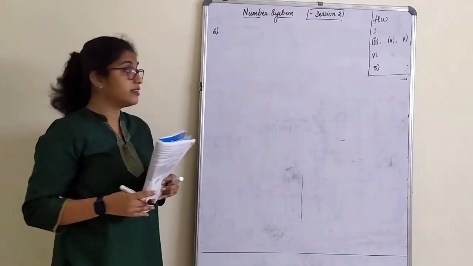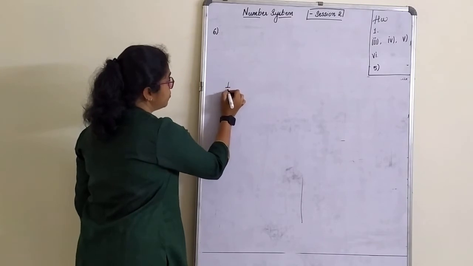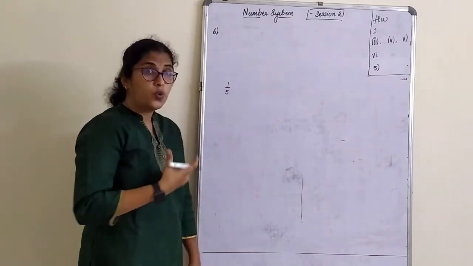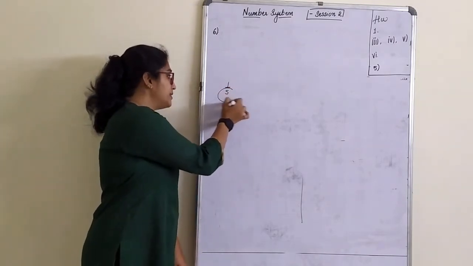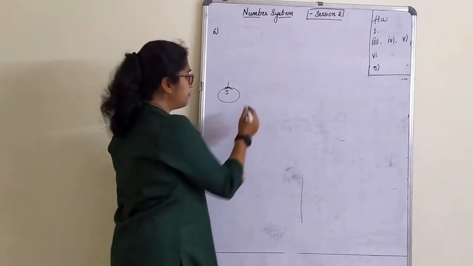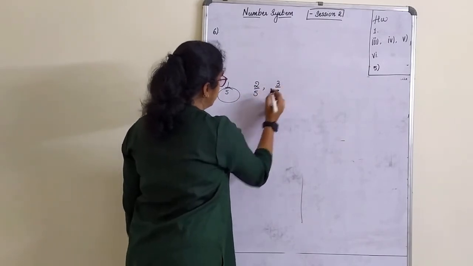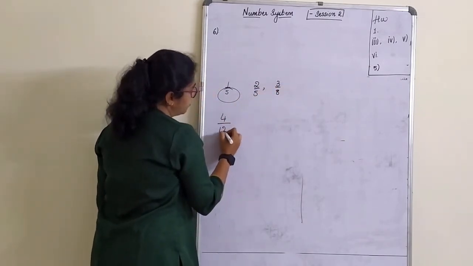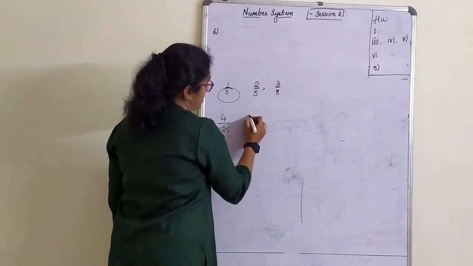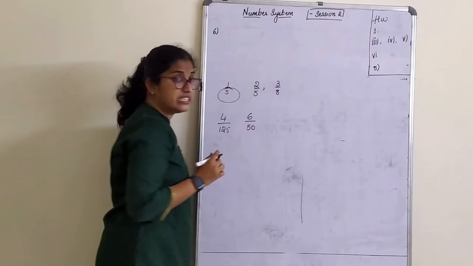Now they are asking here, suppose I give you a number, say the number is 1 by 5. Only looking at the denominator, let that be any number. Say the number is 1 by 5, 2 by 5, 3 by 8, 4 by 125, 6 by 50.